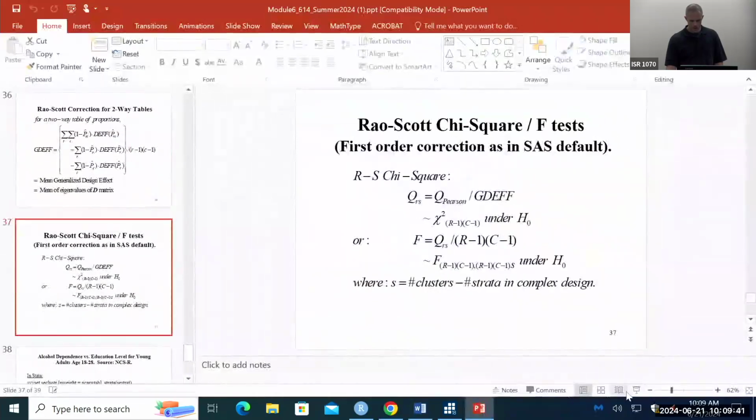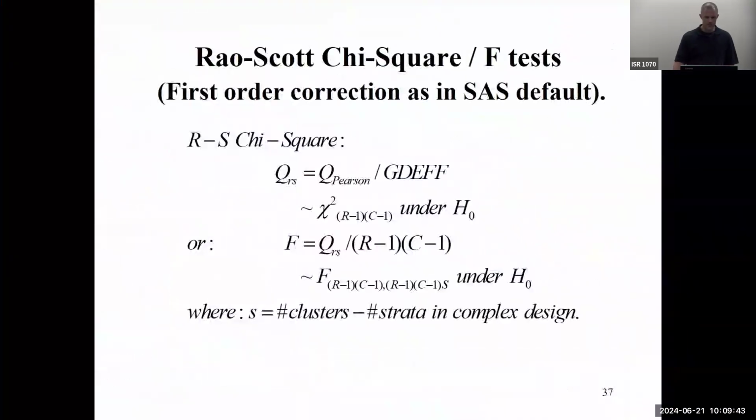Okay. So as far as degrees of freedom go, this is what the degrees of freedom for that Rao-Scott test look like based on the first order correction. What you see on this slide is where the degrees of freedom for the F test come from if a first order correction was used.